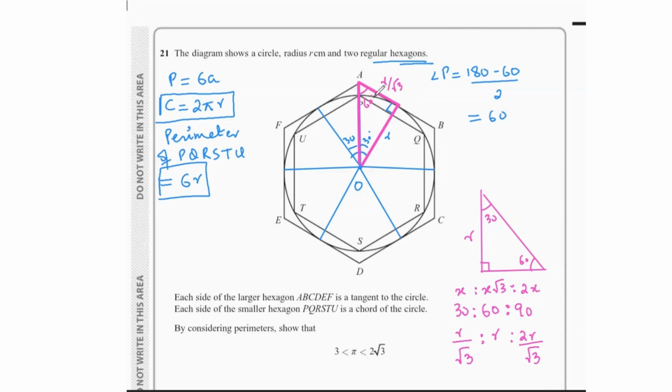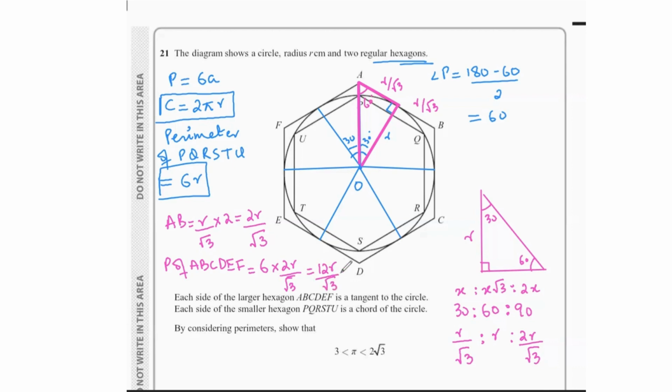So if half of AB is r over root 3, that means this is going to be r over root 3 as well. So the entire length AB is r over root 3 times 2, that's 2r over root 3. So to find the perimeter of A, B, C, D, E, F, we times 6 by 2r over root 3, which is 12r over root 3.